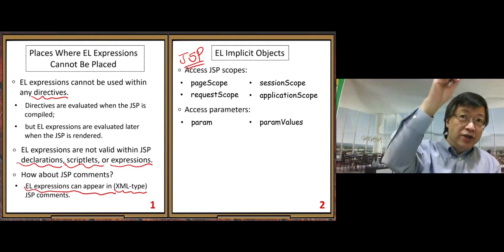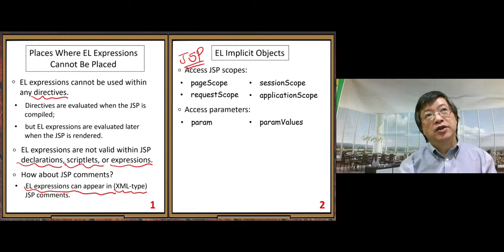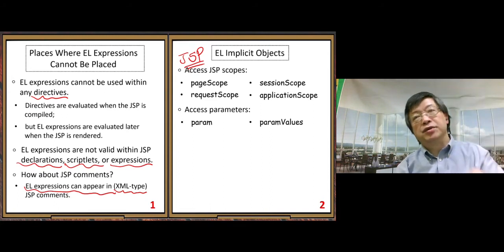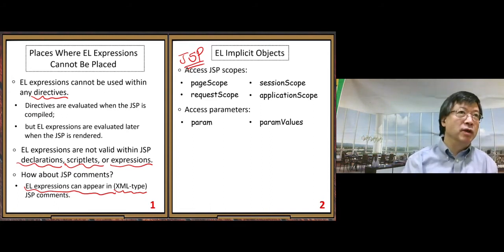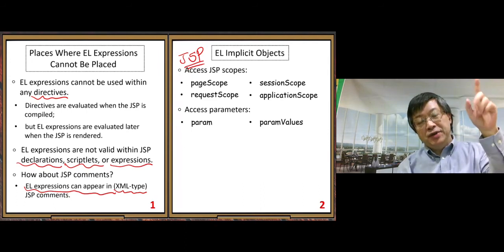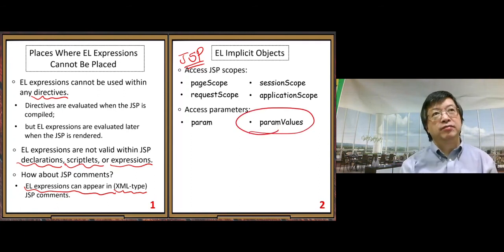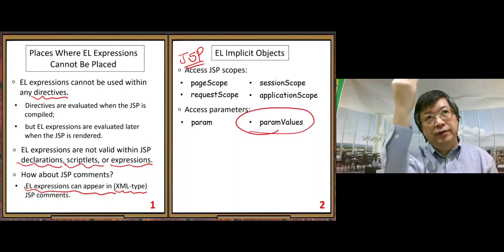There is a list of checkboxes, and the user can select multiple checkboxes. So we will get multiple values from the checkboxes. In this way, you can use param values to access them one after another.